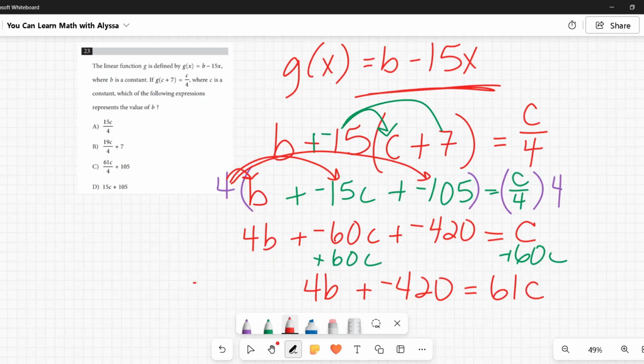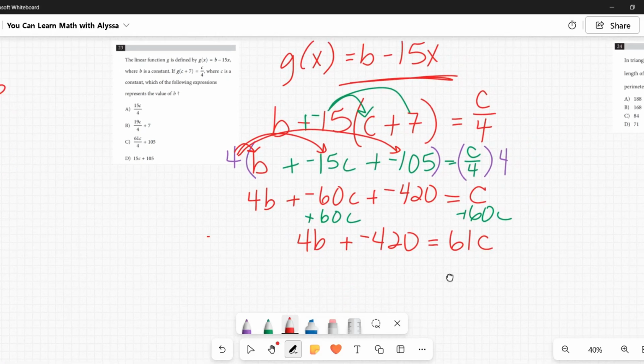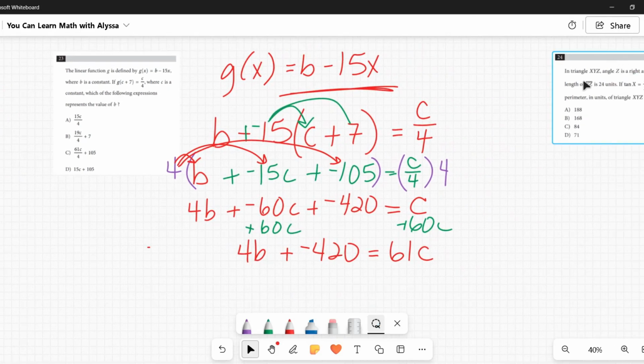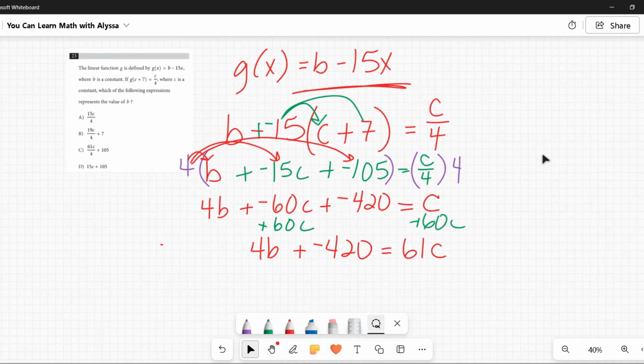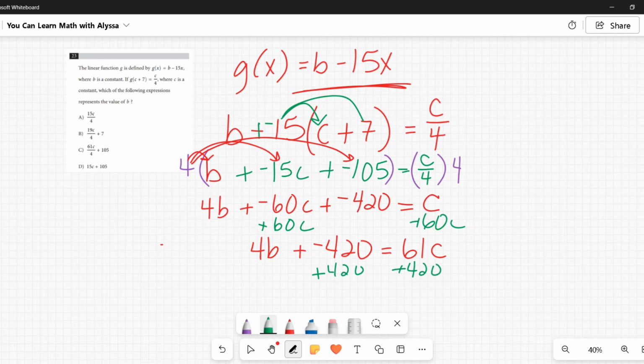Then I'll zoom out because I'm running out of room, and the next problem is getting in the way here. Give me some more space here. Then I'm going to add 420 to both sides. So now I have 4b is equal to 61c plus 420.